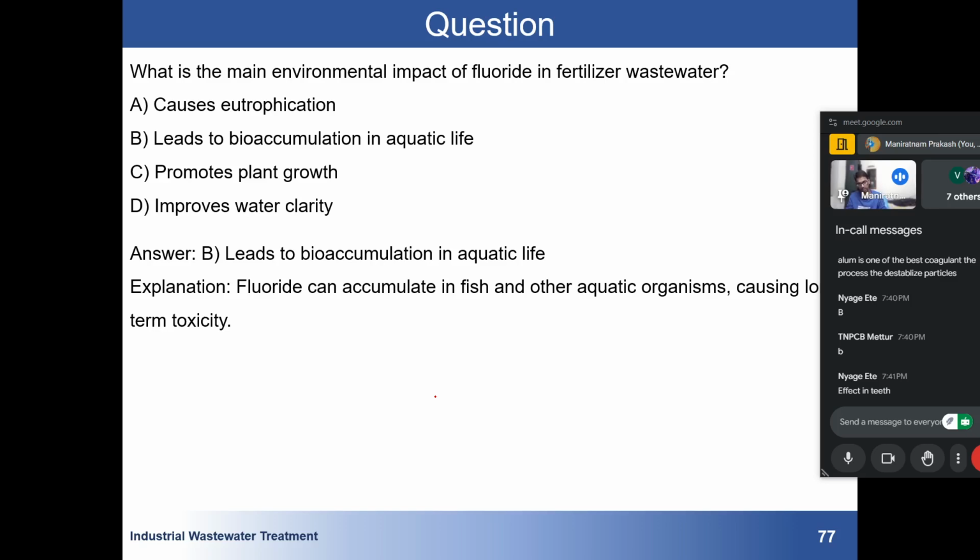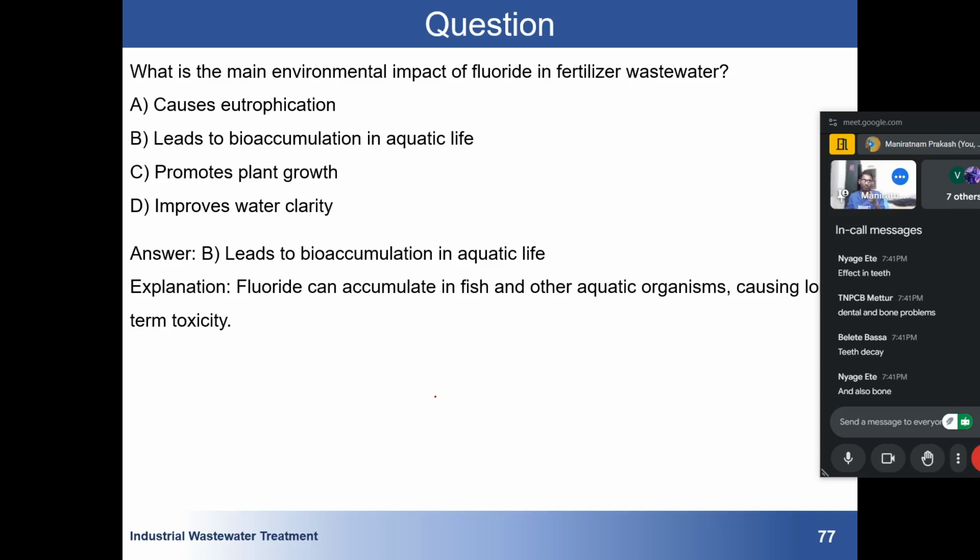Okay, yeah, that's correct. Effect in teeth, but generally it also happens to bone. Yes, bone is a more accurate answer. If we are talking about adult people like us, then generally our bone will get affected. But if small children are drinking high fluoride content, their teeth and bone both will get disturbed. Yes, the correct answer is both.